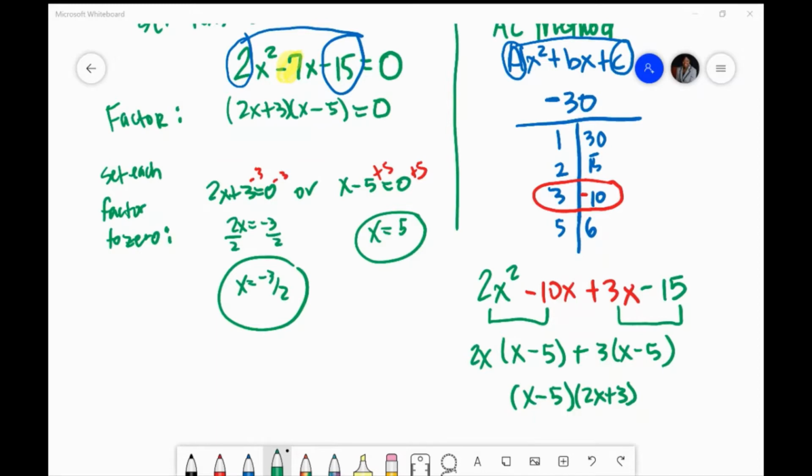I was just about to ask, so I'm only going to have 2 answers. See, x equals negative 3 halves and x equals 5. That's only 2 things. We only had 2 factors, right? Yeah. All right. Maurice, what's your question?